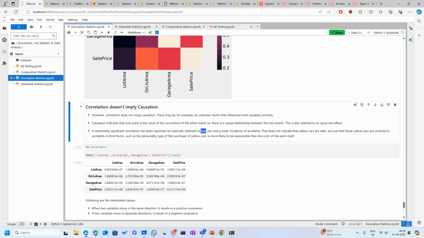It is not adding any safety features in your car. So that is why we say, just because yellow color in the data is negatively correlated with accidents, higher the yellow colored cars, lower is the rate of accidents, just because it is negatively correlated does not mean it is the reality. It does not show cause and effect. Okay, this is very important.